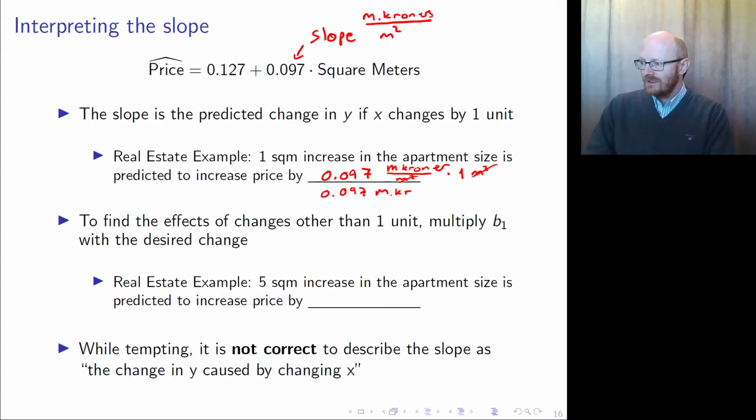What if the change is something else than just 1? Then to find the effects of changes other than 1 unit, we just multiply the slope with the number of units.